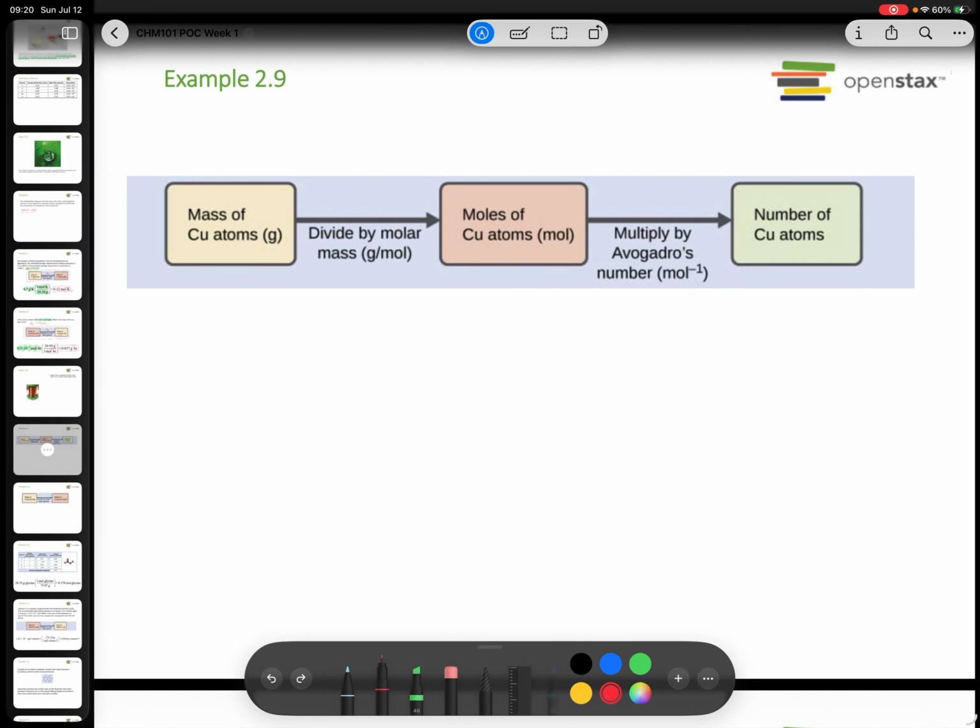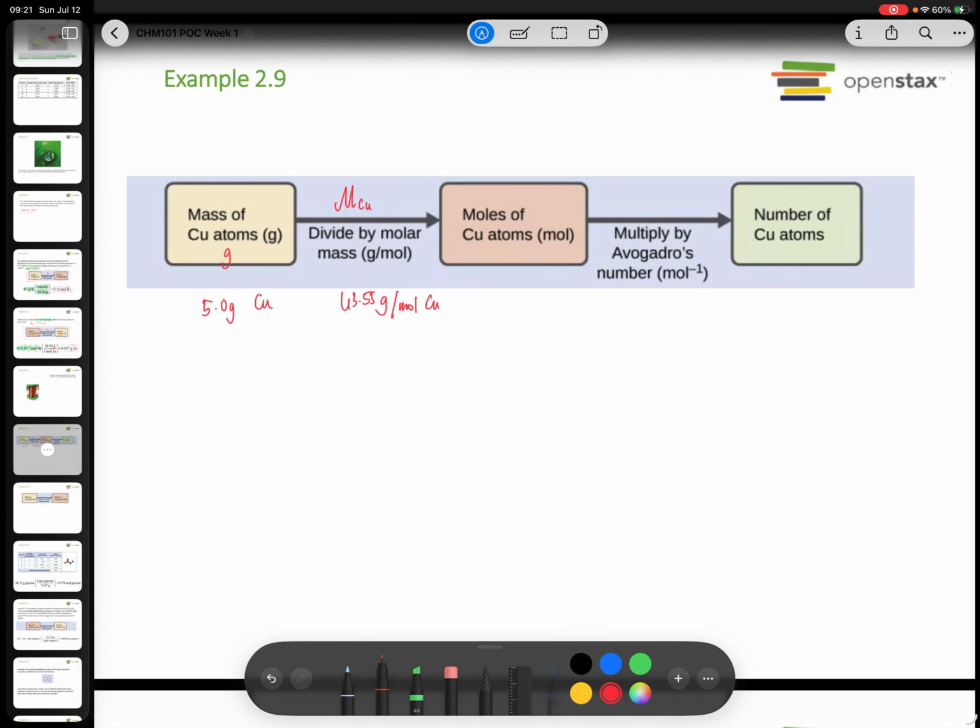For example, we have 5 grams of copper. Okay? So, ano ang molar mass ng ating copper? So, molar mass of ating copper ay, dito ko na nalalagay sa baba, we have 63.55 grams per mole copper. Okay? So, to do the conversion, no, susundan na lang natin siya afterwards.